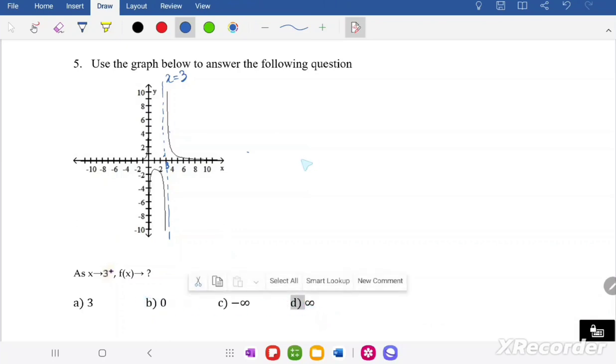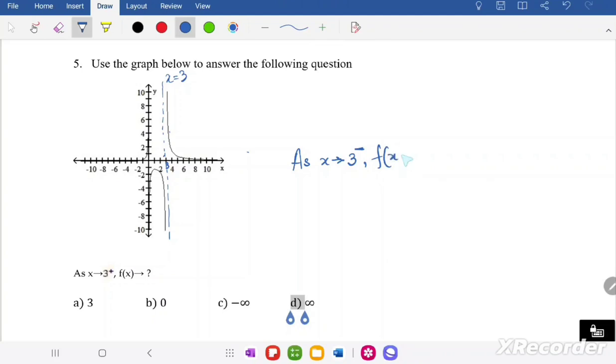Now, if the question were to say as x approaches 3 from the negative side, then f of x would approach what?